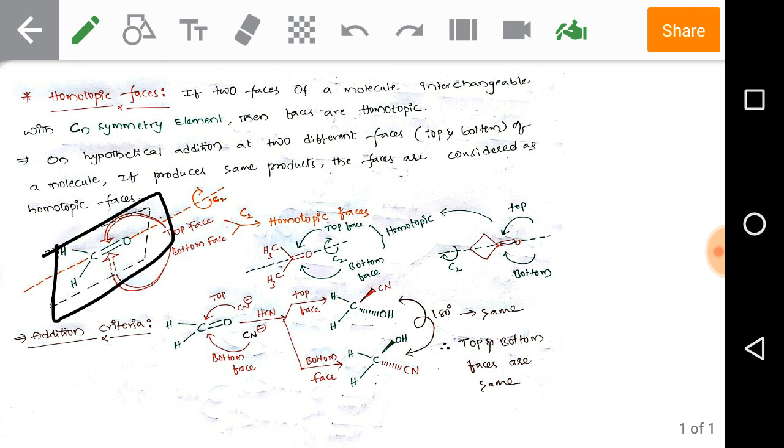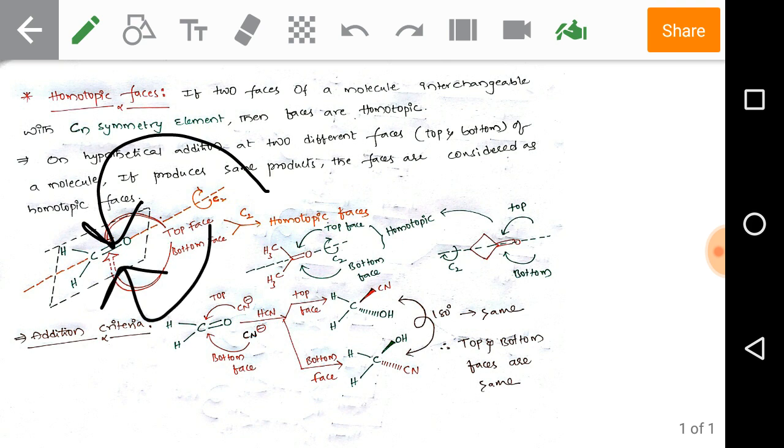Okay, just imagine, and this is the top face. That means we are adding nucleophile from the above, that means from the screen onto the plane. Just imagine like that. And this is the bottom face of the carbonyl molecule which is on the plane. Okay, that means we are adding from the bottom side of the screen onto the carbonyl group. Just imagine like that. Okay, right.